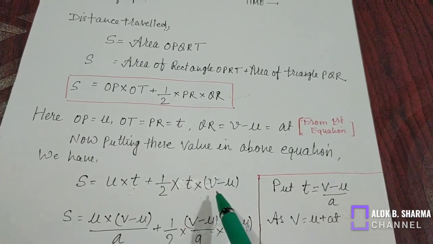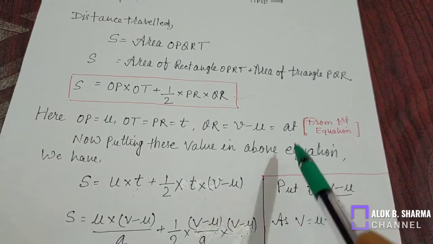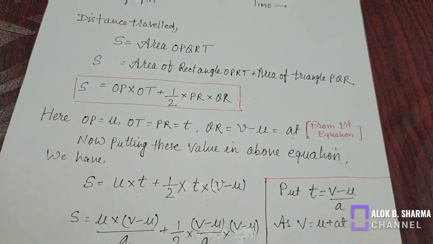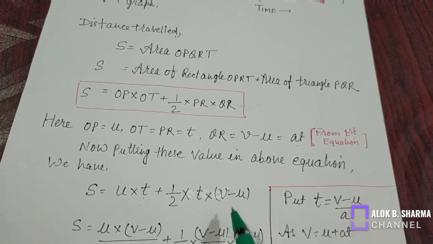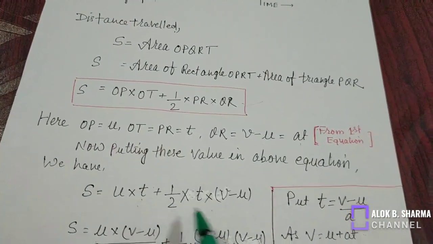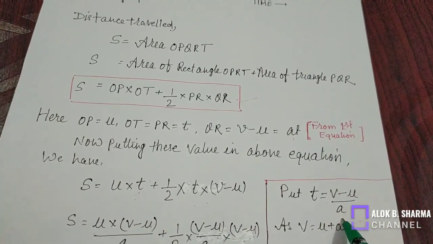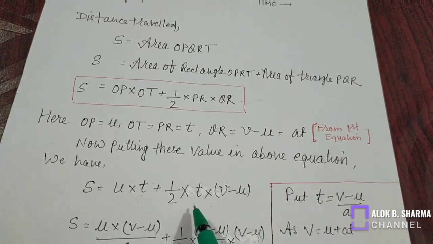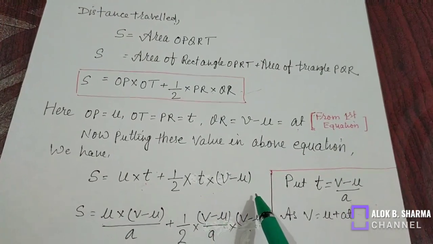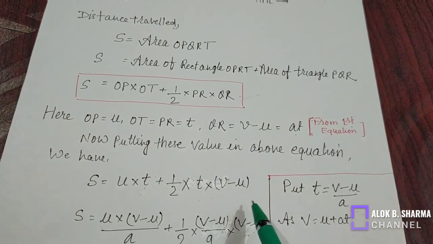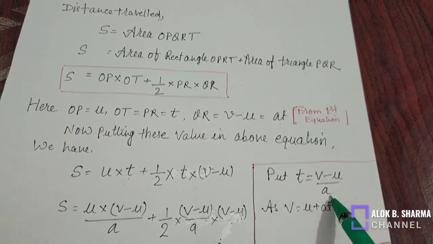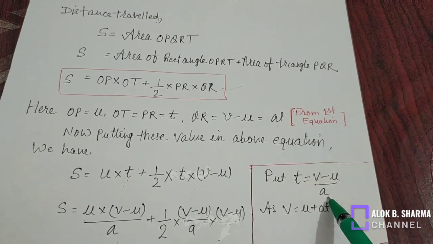In the second equation, we replaced v minus u with at, but in this equation there is a difference. In this equation we will replace the value of t by (v minus u)/a. I am repeating it again: to derive the third equation of motion, the only difference is we substitute the value of t by (v minus u) upon a, which is obtained from the first equation of motion.